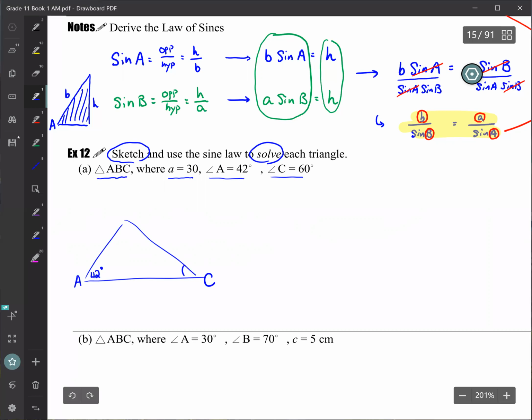So 60 degrees. And then its opposite side, the given side A has to be across from angle A, so this one will be the side A.